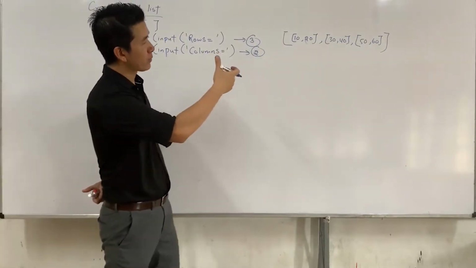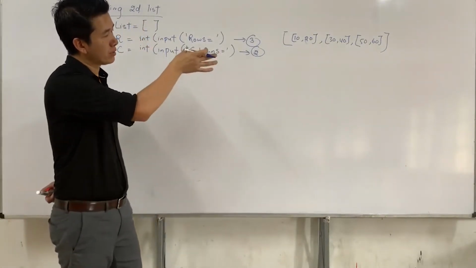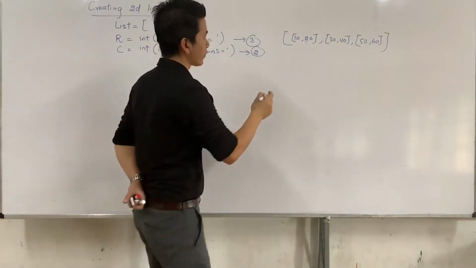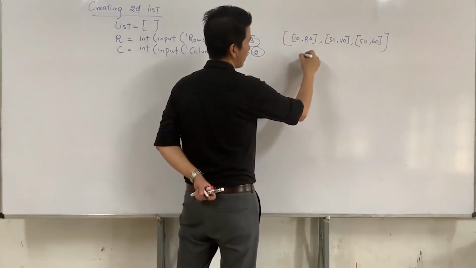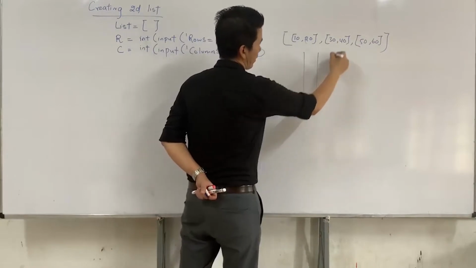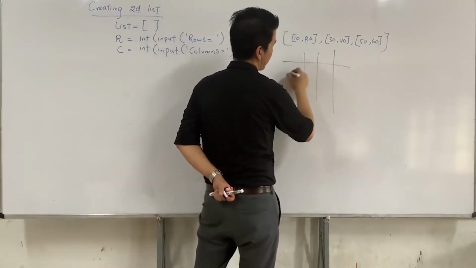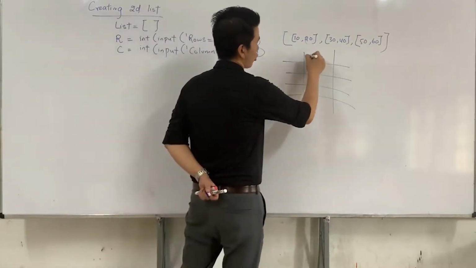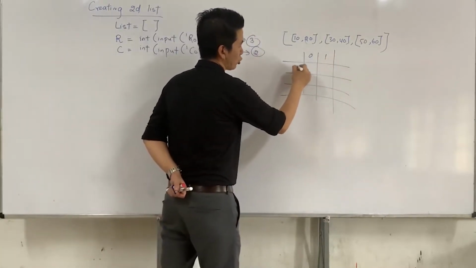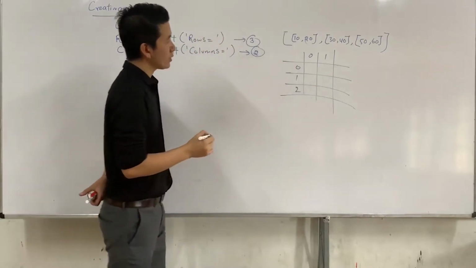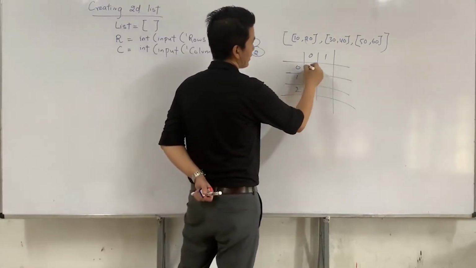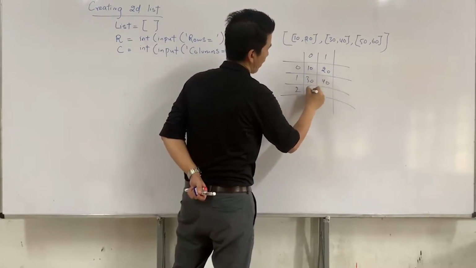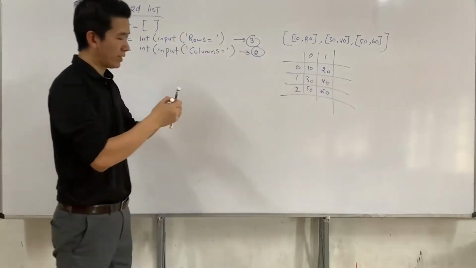So if you could visualize this particular example in the form of matrix, it would be a wonderful idea. Say, how many columns do I have? I have 2 columns, and then I have 3 rows. Okay, so column number 0, column number 1, row number 0, 1, 2. And then you will have 10, 20, 30, 40, and then you have 50, and then you have 60.